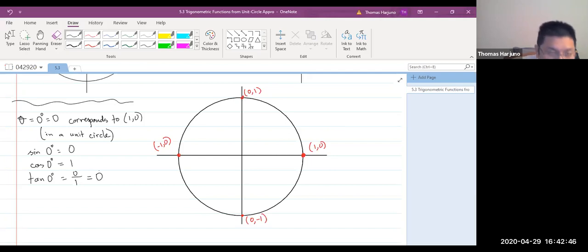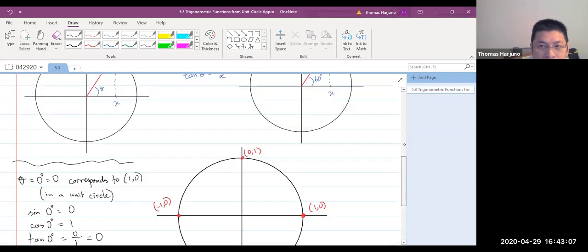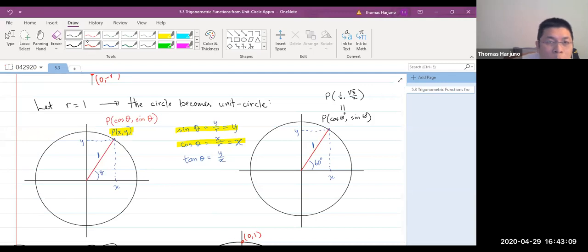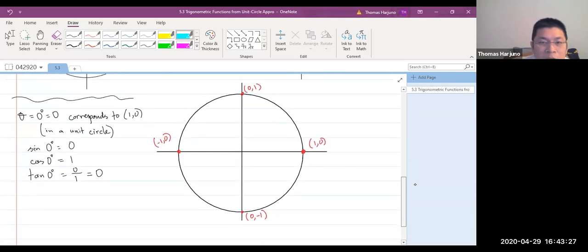But instead of writing them for each angle, I'd rather you have this basic understanding that for the corresponding angles, if you can find the coordinate on the unit circle, then the sine of that angle is the y component, and the cosine of that angle is the x component. That's what I want you to have, and then the memorization will be a lot easier.